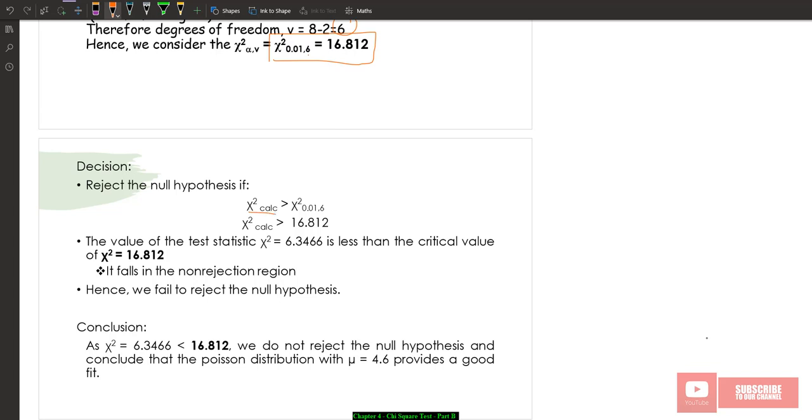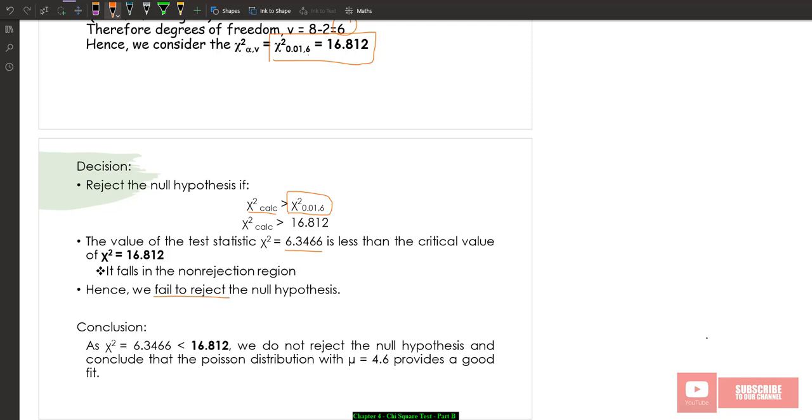The next step is we need to make a decision, where our decision is that when the chi-squared calculated is more than the chi-squared critical value, then we reject the null hypothesis. Since our chi-squared calculated is equal to 6.3466, which is less than 16.812, our critical value, we accept the null hypothesis, or in other words, we fail to reject the null hypothesis.